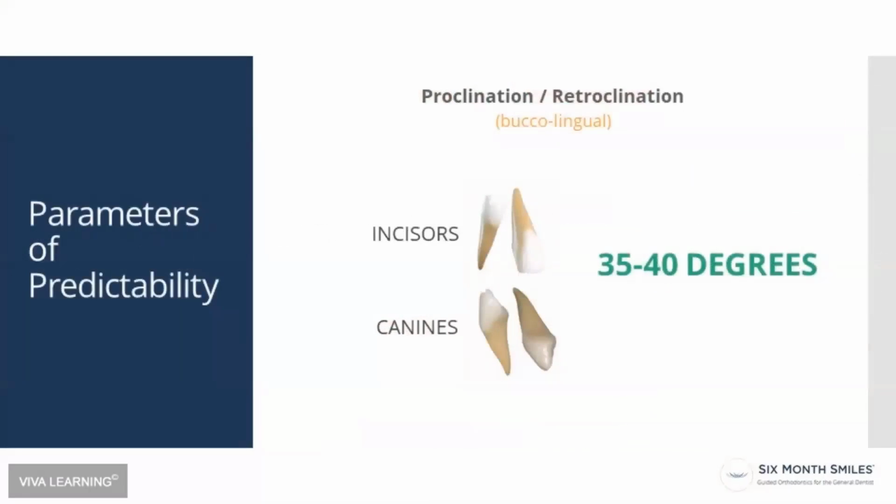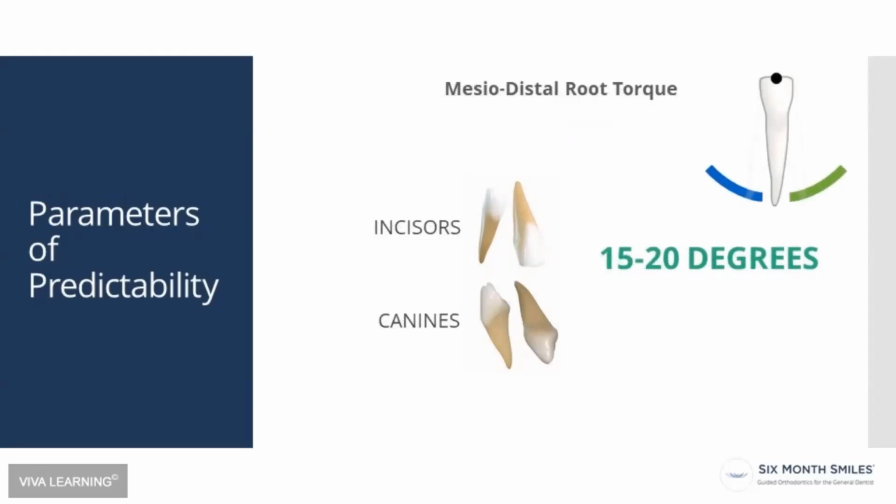Let's look at parameters of predictability and what we work with. We work with different parameters of predictability when we're looking at different movements. So, for example, for proclination and retroclination of the incisors, we do about 35 to 40 degrees of buccolingual movement for incisors and canines. The mesiodistal root torque on incisors and canines is between 15 and 20 degrees.